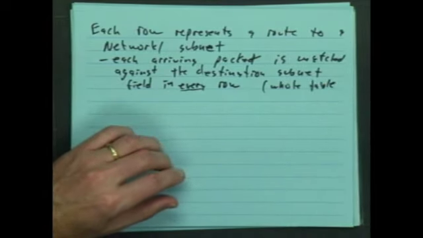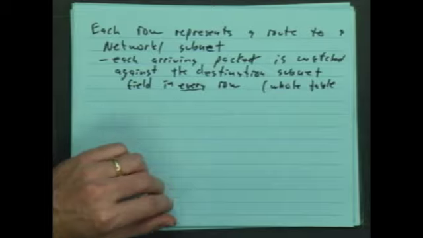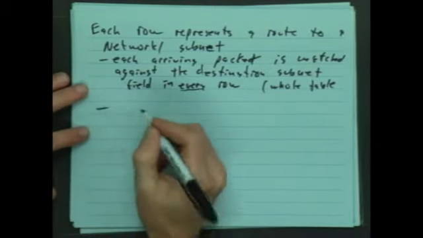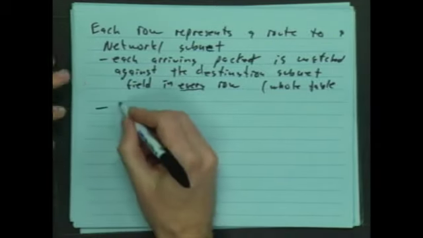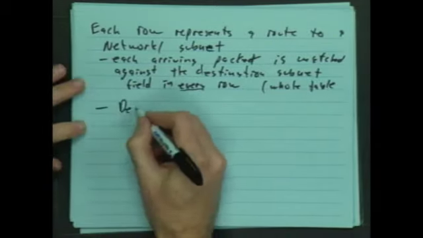So the destination IP address is going to be masked and compared with the destination subnet.